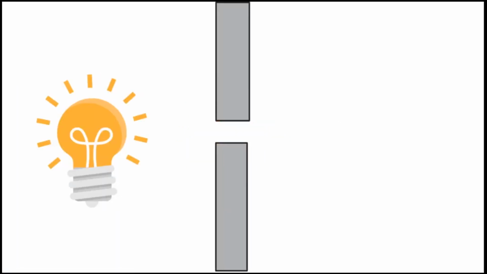So suppose you have a light source, fine, and this light source is placed behind a single slit. This is your single slit.